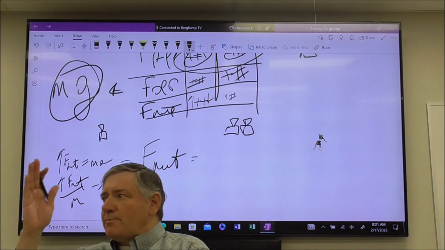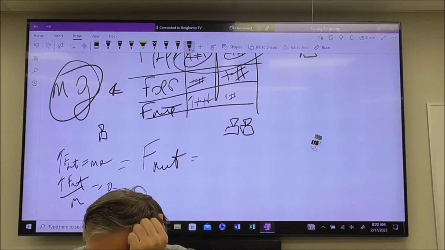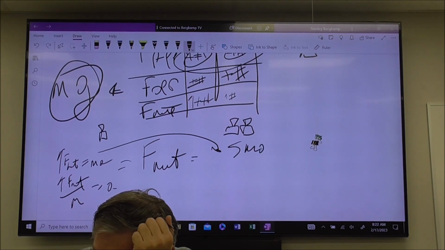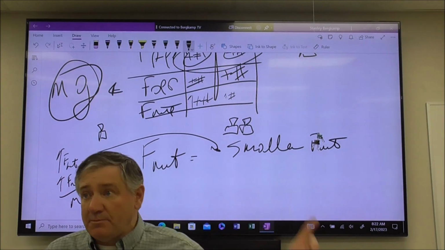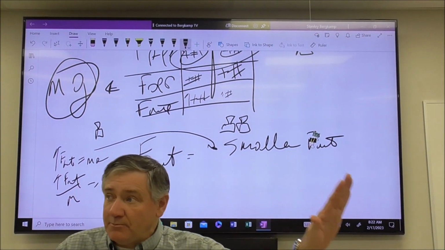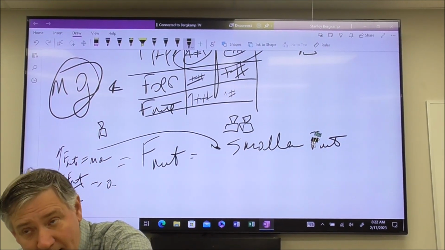Now, when I put on the second binder clip, there's two things that are going to happen. Number one, I'm still going to have a net force, but that net force is going to be smaller than what I had with one binder clip. So my net force has gone down because I have to pay more money to the gravity mafia. But here's the second thing that happens.